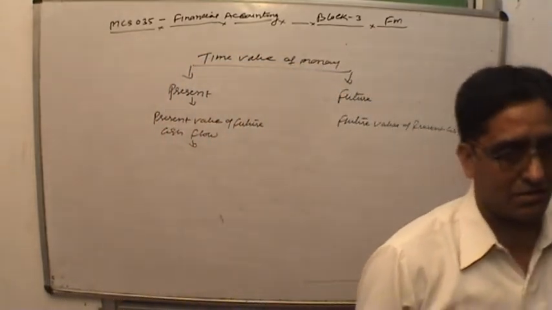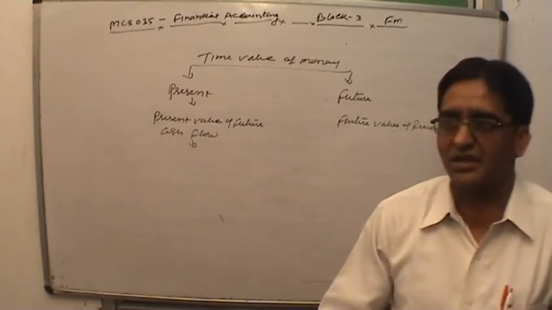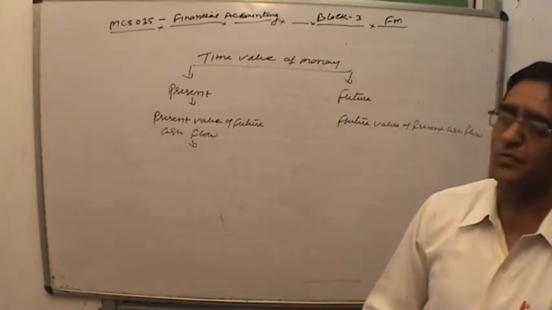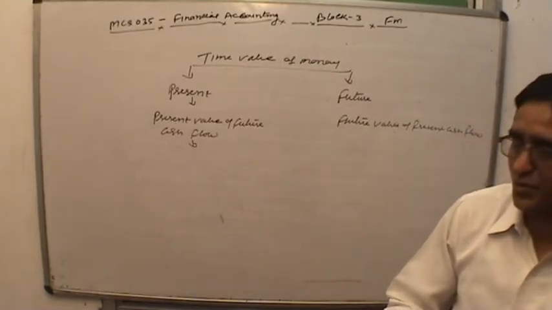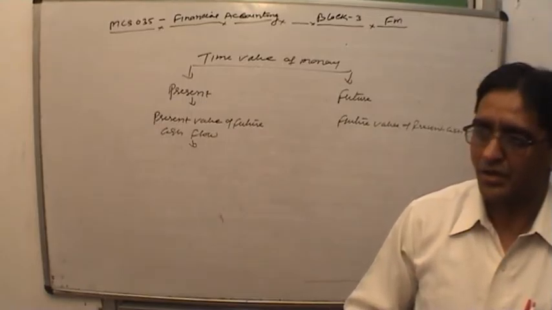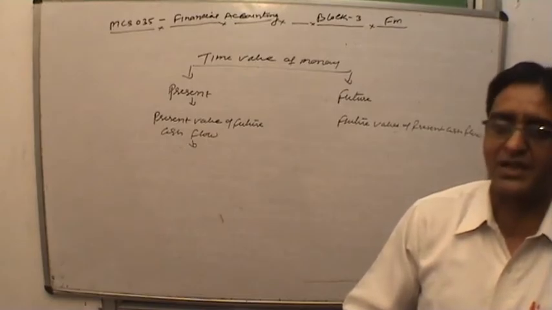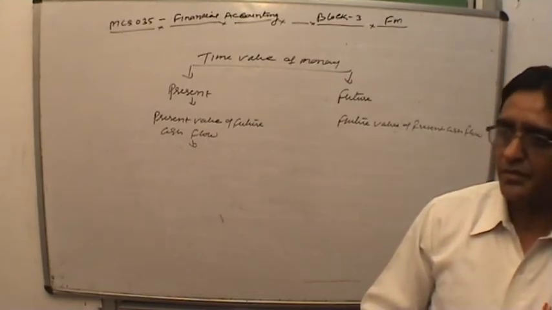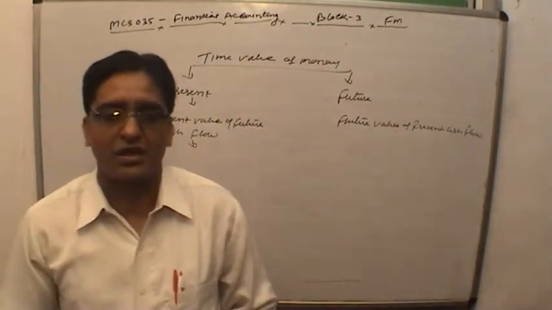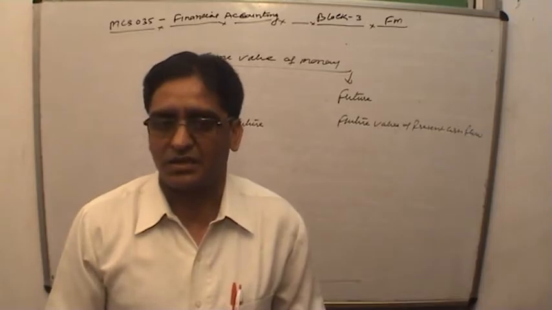Definitely we get a larger amount, but it is not necessary that we are in profit, because due to the time value of money, we must calculate such values in today's terms. That is called present value. And present value, or the purchasing power of money, depends on inflationary factors or any other aspect.